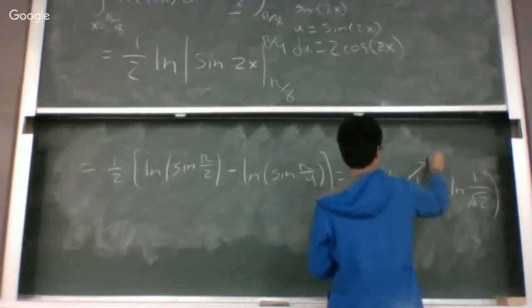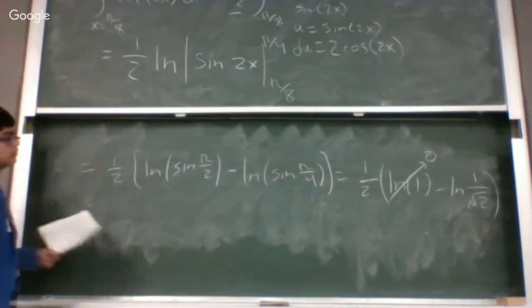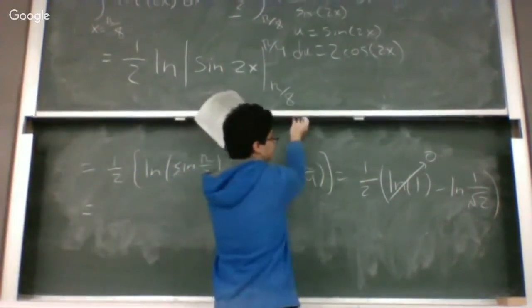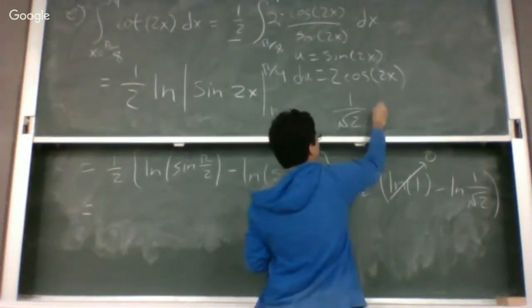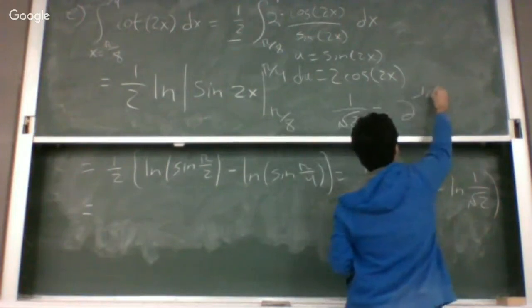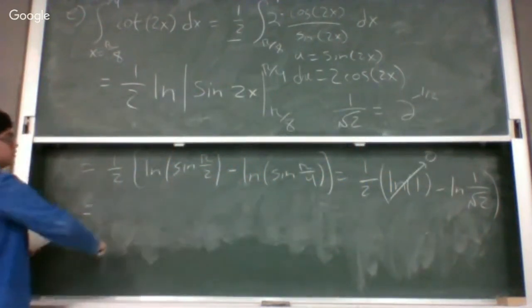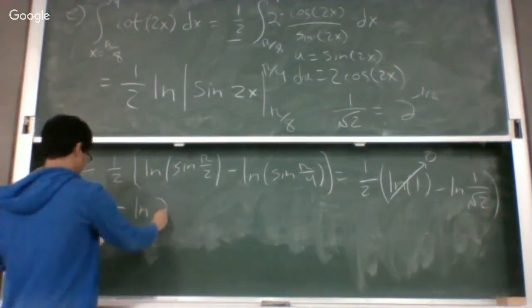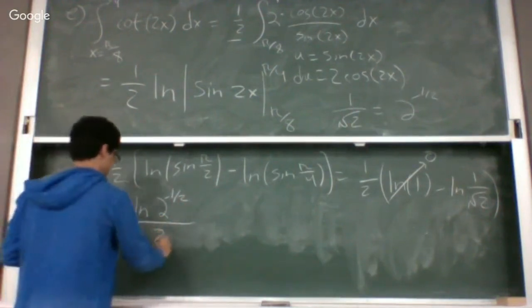Natural log of 1 goes to 0. 1 over square root of 2 is equal to 2 to the minus 1/2. So then that is equal to negative natural log of 2 to the minus 1/2, all over 2.